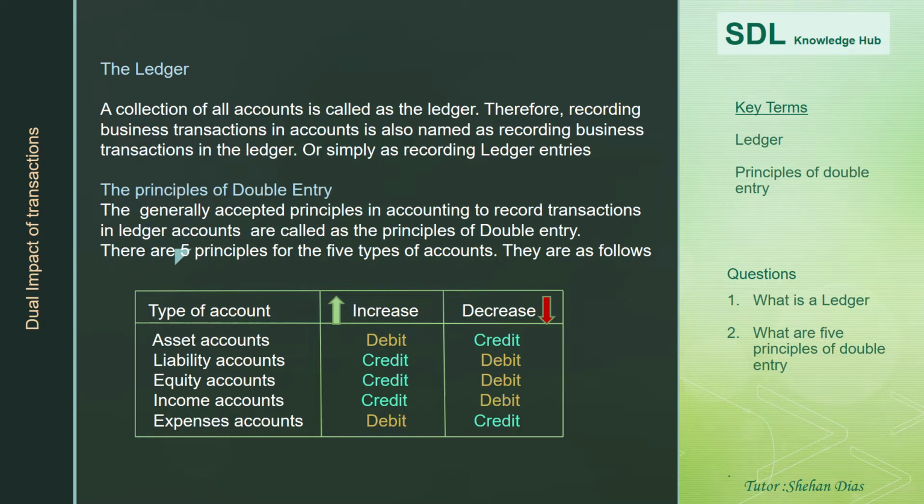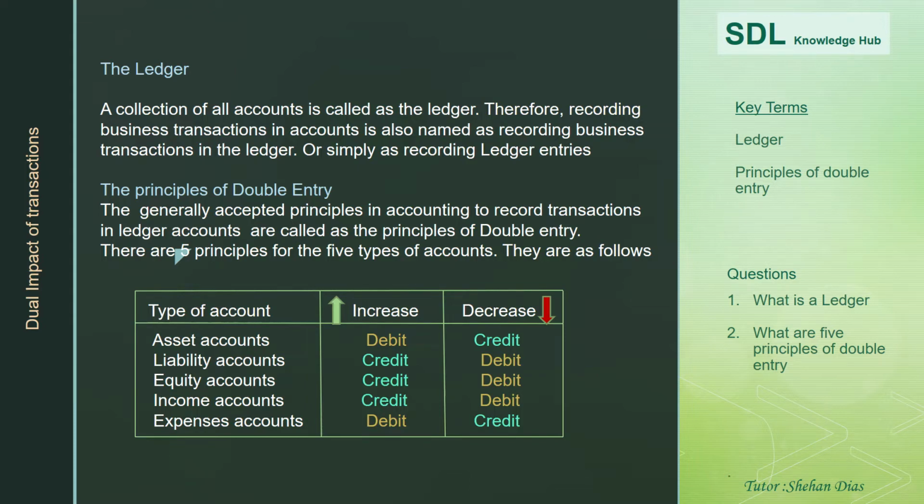These are as follows. Asset accounts, increase is debit, decrease is credit. Liability accounts, increase is credit, decrease is debit. Equity accounts, increase is credit, decrease is debit. Income accounts, increase is credit, decrease is debit.